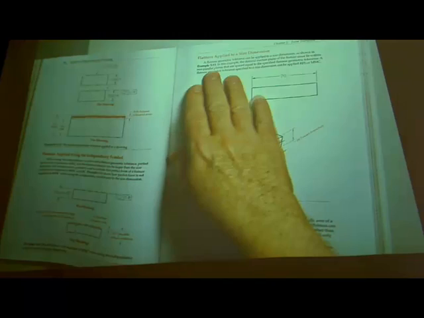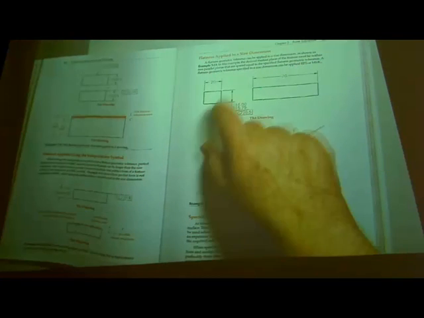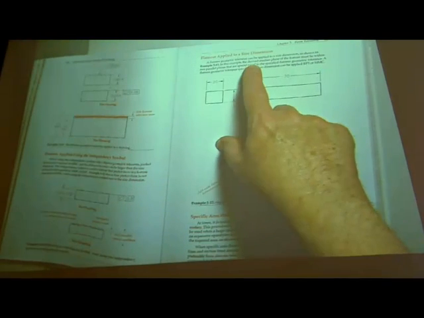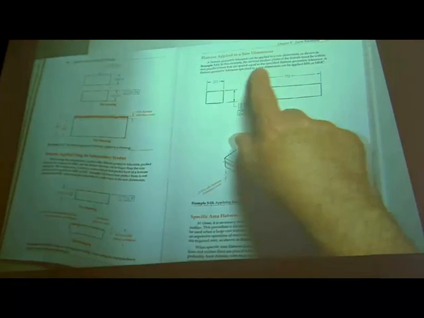Okay, flatness applied to size dimension. This is where the derived median plane must be within two parallel planes that are spaced equal.